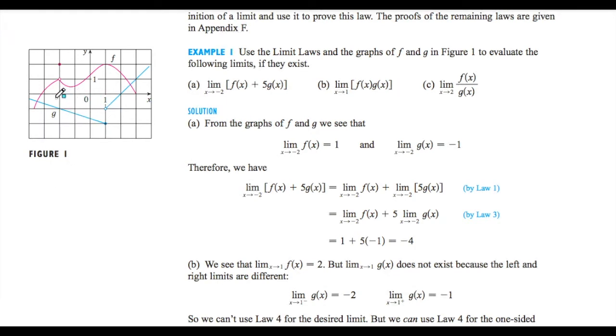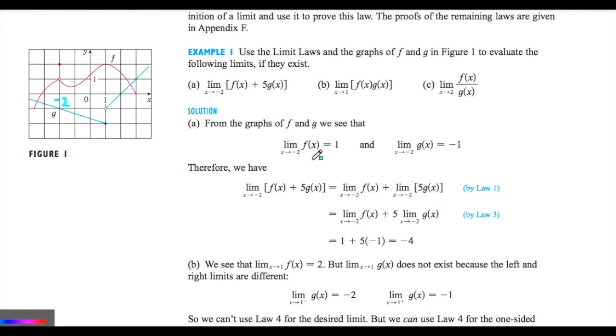So it's right here. This is negative 2. And f of x is this pink one here. What is the limit? Is it this open circle here or is it this pink point here? Do you remember? It is where both sides, the right-hand side and the left-hand side, approach. So it is going to be 1.